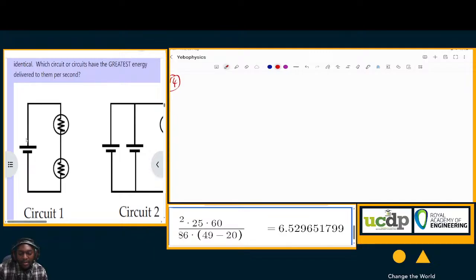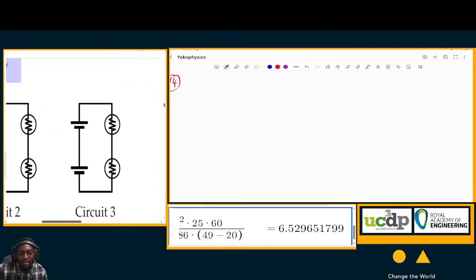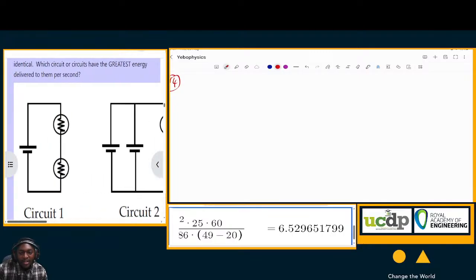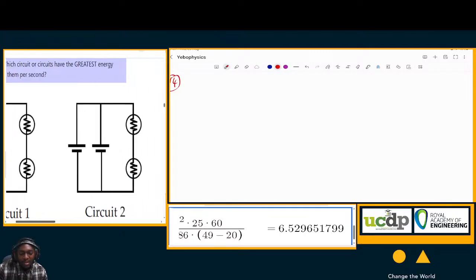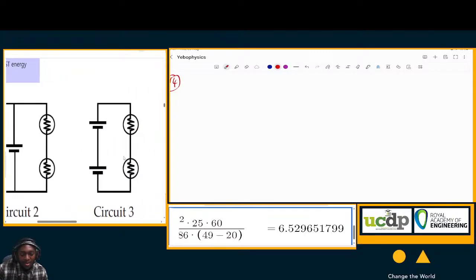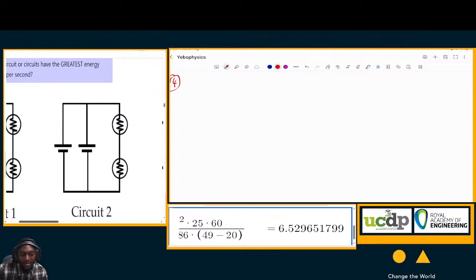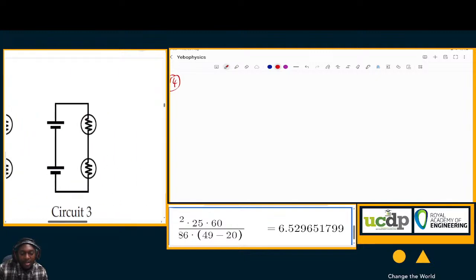Then here, obviously, you've got one cell, which means the potential difference across the two bulbs will still be 1.5 volts if each cell was 1.5. So this makes circuit 3 have the greatest energy delivered to it per second, because the potential difference would be 3 volts, assuming that one battery cell is 1.5 volts. So your correct answer there would be circuit 3.